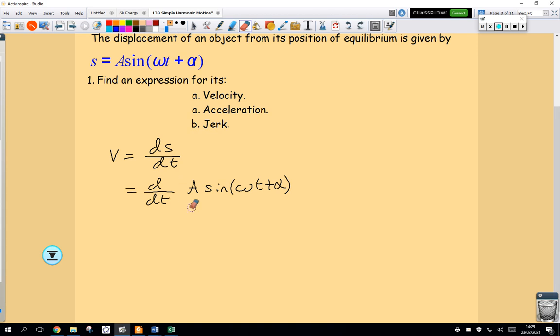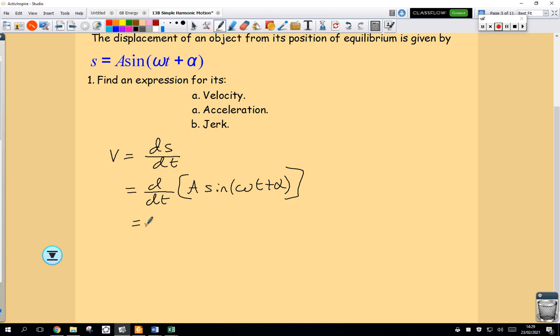I'm remembering here that a and omega and alpha are all constants. What's changing here is the time. And I'm taking the derivative with respect to t because that's the definition of velocity.